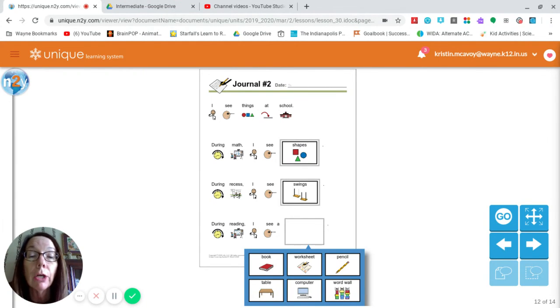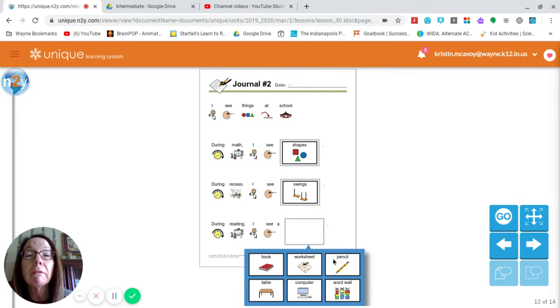Well, gosh, you could see all of these things during our reading group. A lot of times our book is on screen, but we always have our Apple books. We often do worksheets that go along with our reading book, just like this is a worksheet that you're doing now. A pencil.